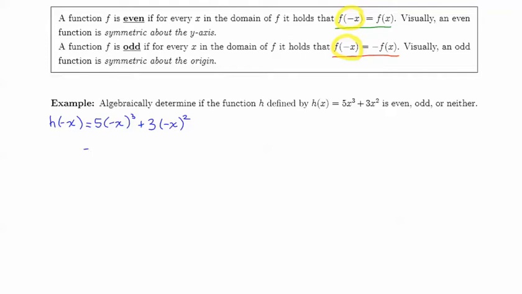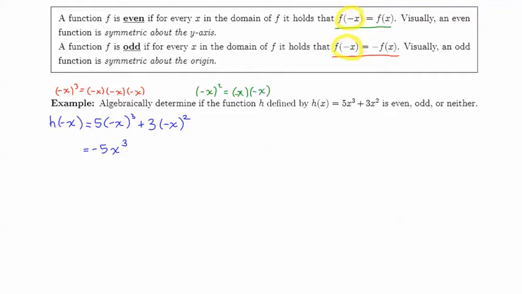When that's simplified, if we note that negative x cubed, that's just going to be negative x times negative x times negative x. So when that simplifies out, we're going to have negative 5x cubed for that first term. And then negative x, when that quantity is squared, remember that that's negative x times negative x.